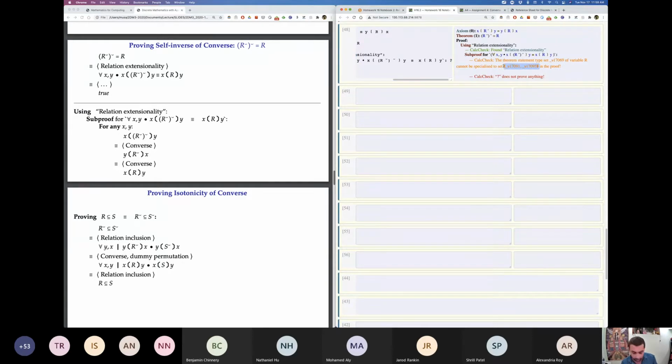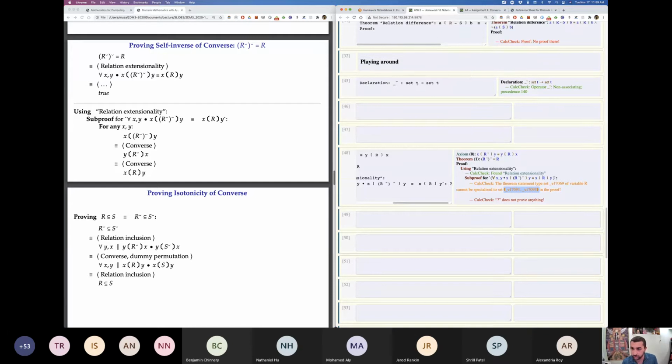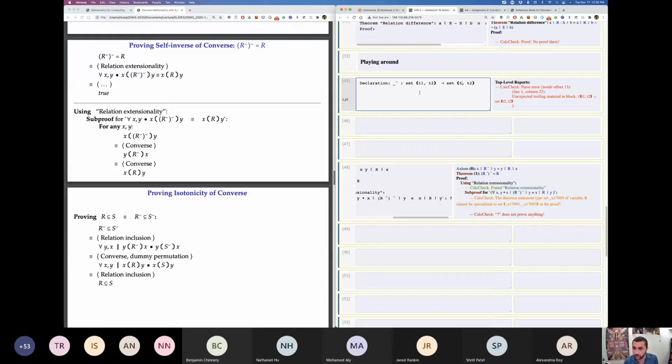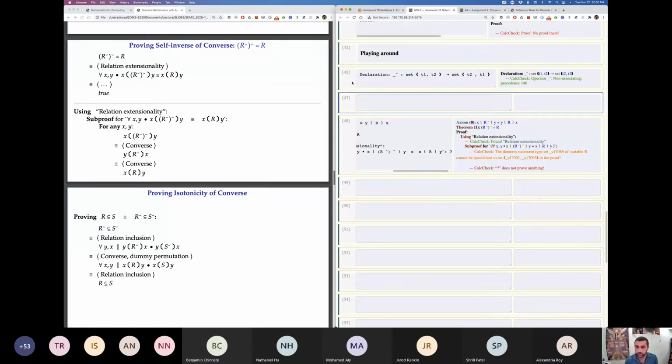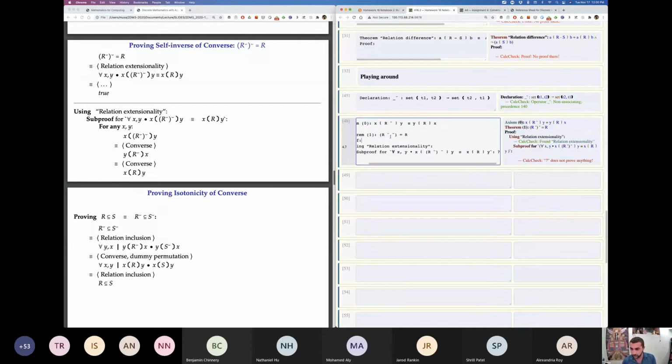That's because of my fault. I tried to cheat the system, and the system wouldn't have it. So converse takes a set of pairs T1, T2, and returns a set of pairs in the flipped direction, T2, T1. So I tried to cheat, and the system said no, you can't cheat. There we go.